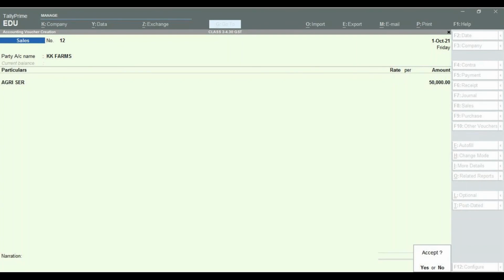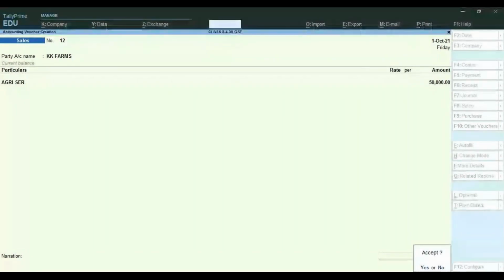Okay, see your reports, see all the reports. So I want you to do both together, exempted sale services, purchase and sales. Maybe 3 purchase and 3 sales you do.